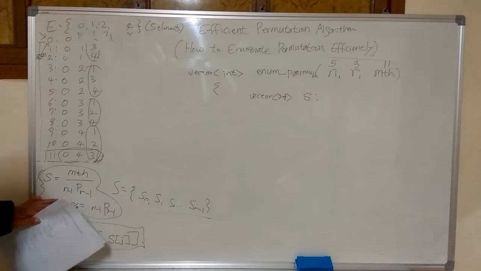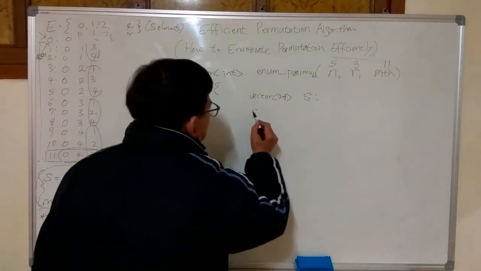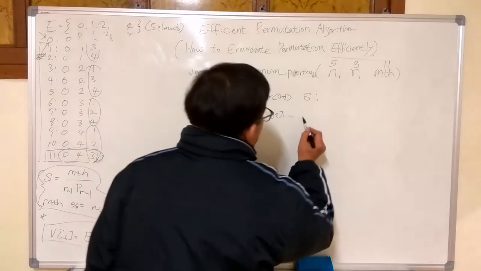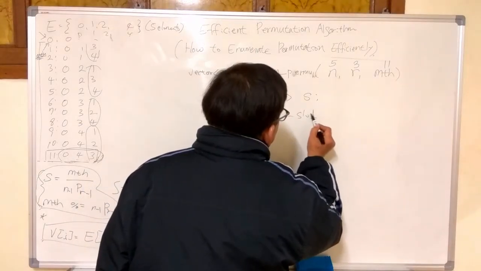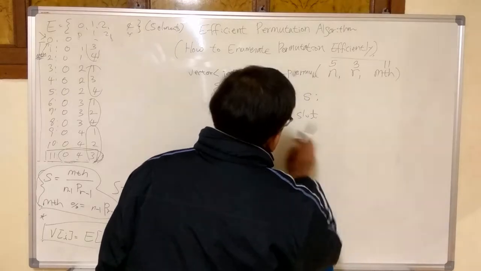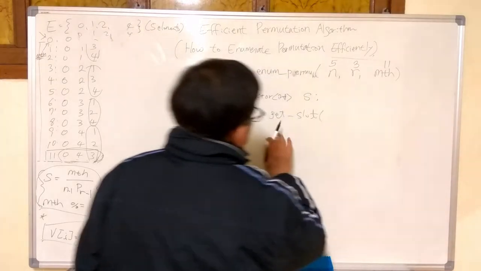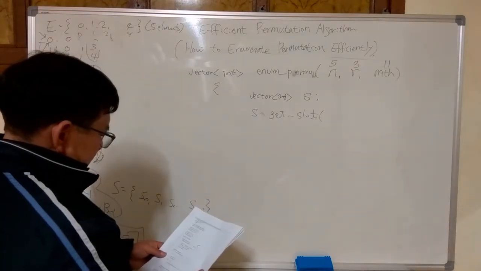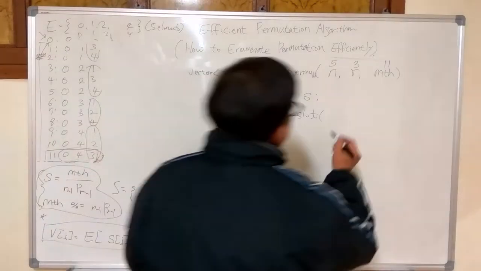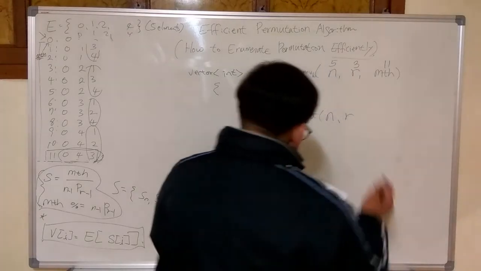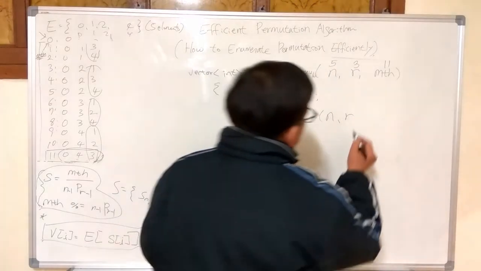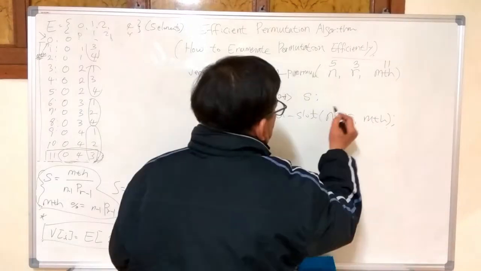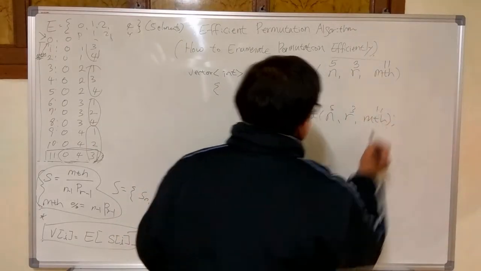So using this algorithm, we create S like this. I will say get slot, or I can say index. Here we are passing what we need: N, R, and M. So this will be 5, 3, 11.